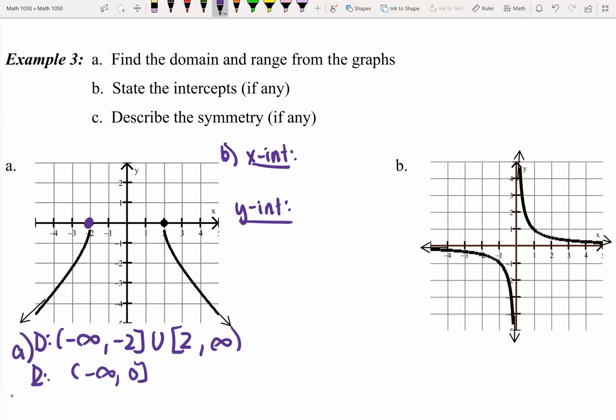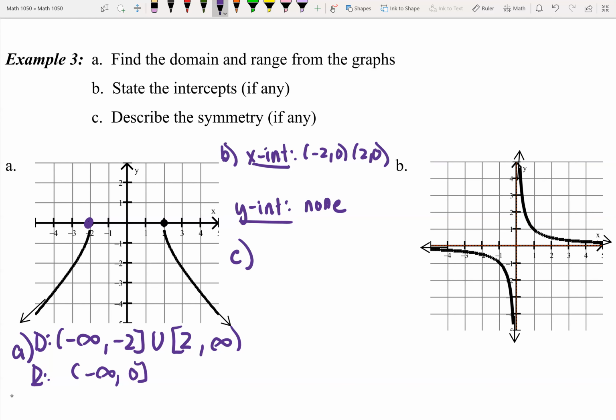Must be an ordered pair. So it's negative 2, 0 and positive 2, 0. What is the y-intercept? That is none. So should I leave it blank? If you leave it blank, I don't know that you know that there isn't one. You have to communicate. For all I know, you skipped it, right? So write in the word none.